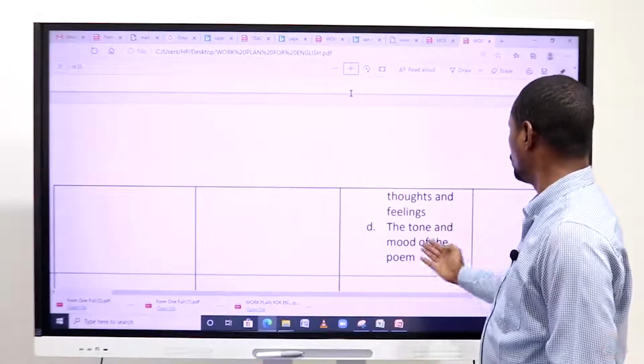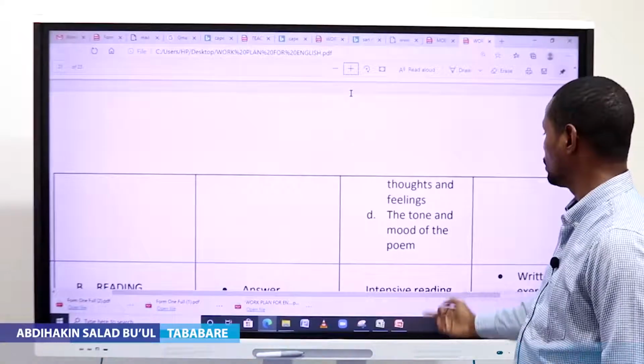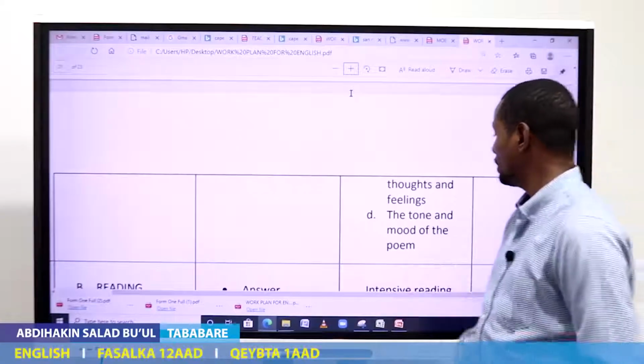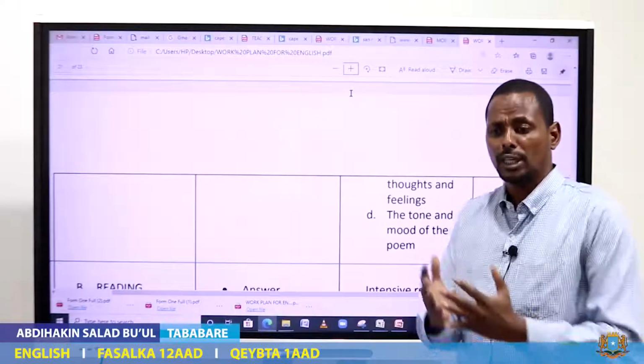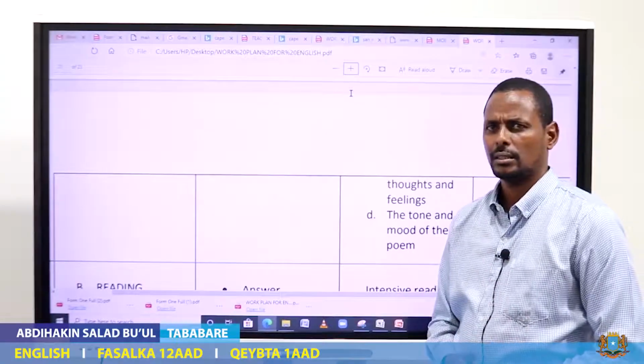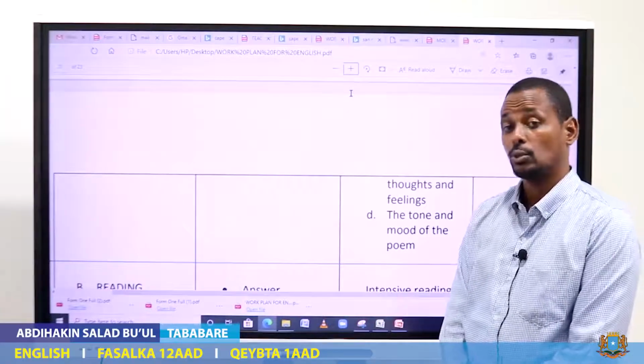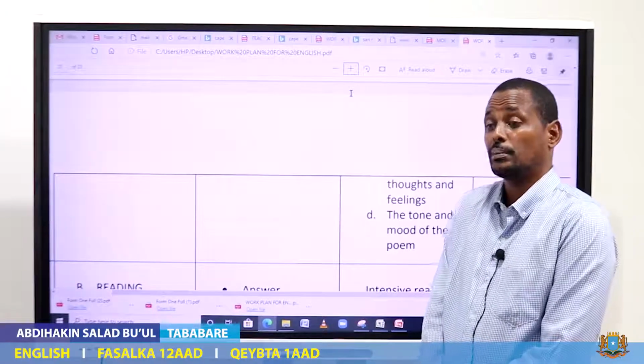The tone and mood of the poem. Now, the tone and mood. The mood is how the poem, when you read or listen to it, makes you feel. Will you feel sympathetic for the persona, the person who has written the poem?